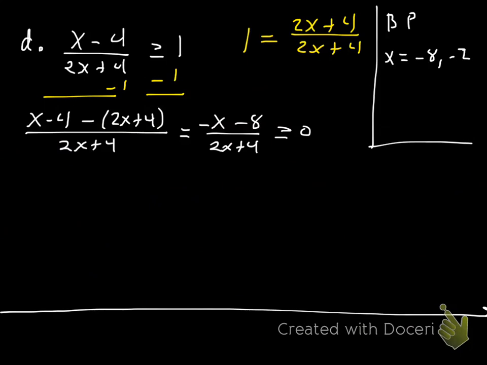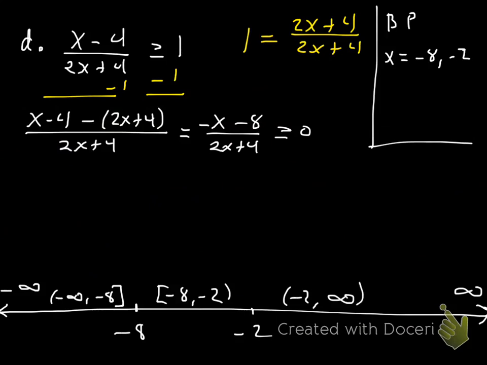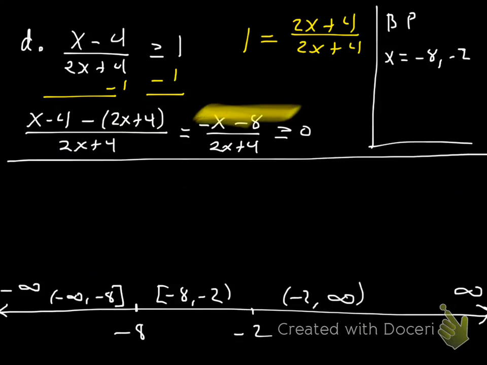Again, we can't put brackets at -2 because we do not want to divide by 0. However, at the -8, that's perfectly fine. We can go ahead and put brackets at the -8 because if the numerator is equal to 0, that's all right. We're allowed to be equal to 0, so we're fine there.